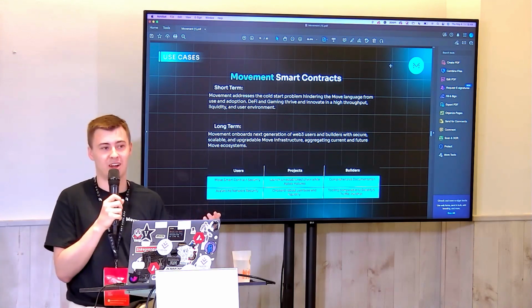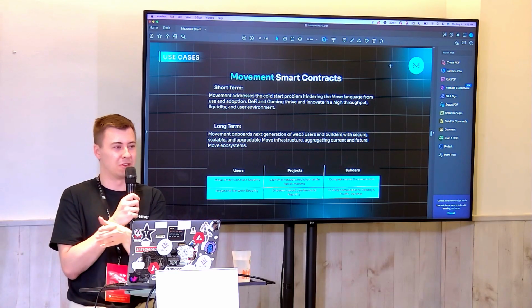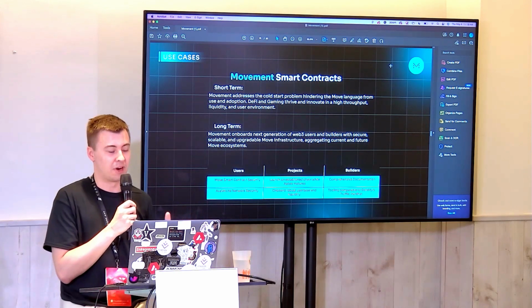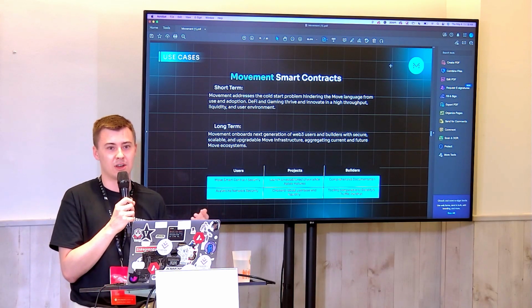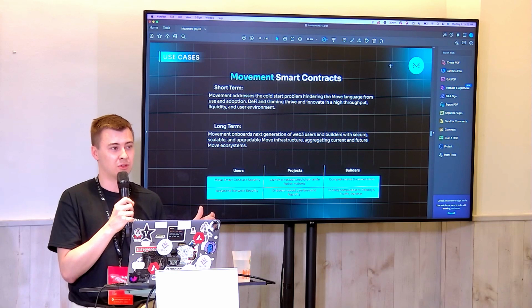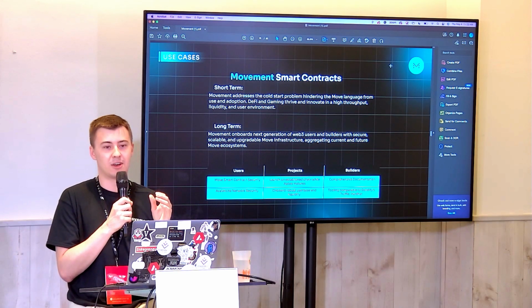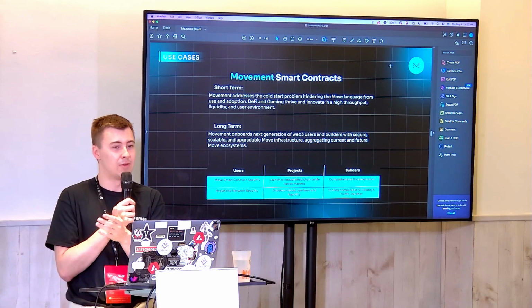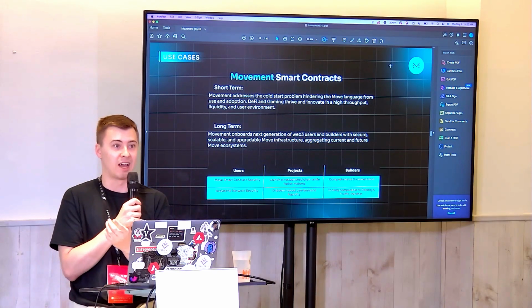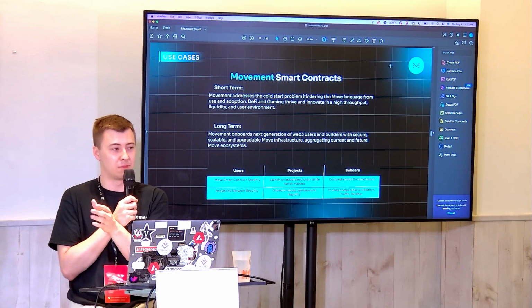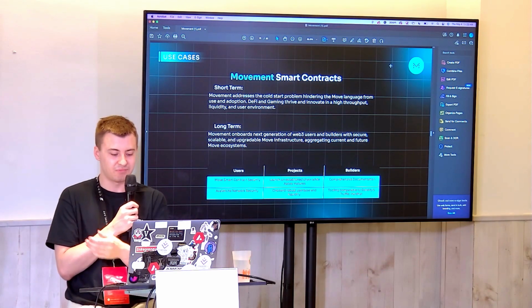For existing projects in Move, we're going to support them with getting paired with more users and liquidity. For projects in the Avalanche ecosystem, we make Move natively accessible to them. So for example, if you're a gaming application, we can spin up a custom blockchain for you in which you're able to not only offboard transactions in order to help boost TPS for your network, but that can be done with parallel processing as well.